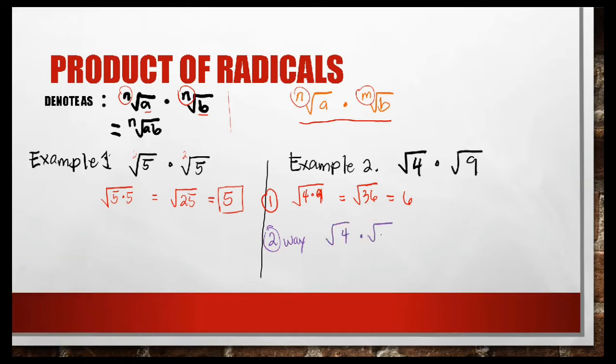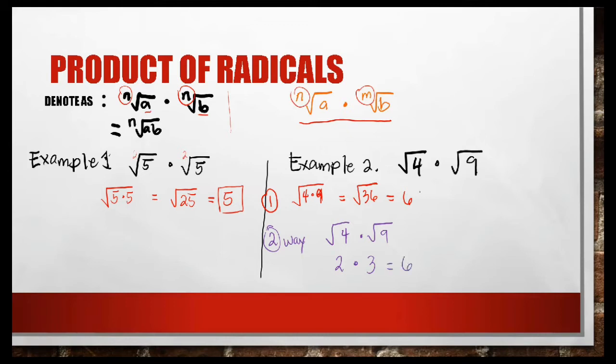If pwede siyang ma-simplify agad, then simplify it first. For example, square root of 4 is equal to 2, and the square root of 9 is equal to 3. So we have simplified first the radicals. Then the roots na nasagot natin sa square root of 4 and square root of 9 is imumultiply lang natin. Therefore, 2 times 3 is equal to 6.